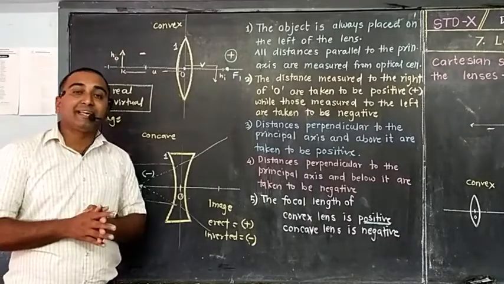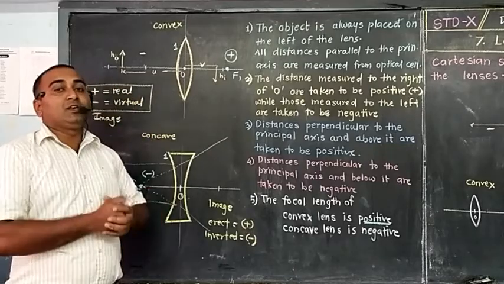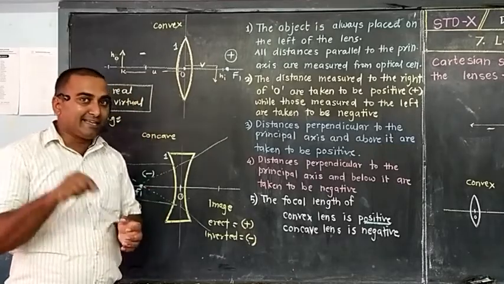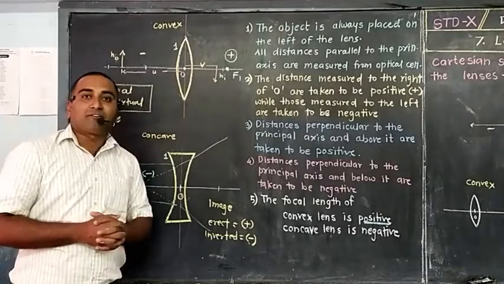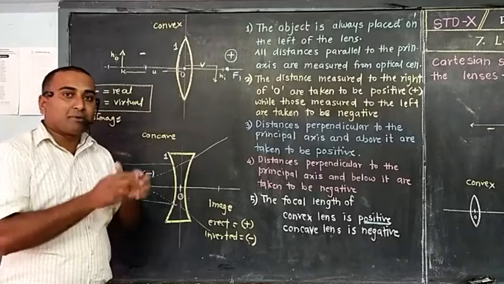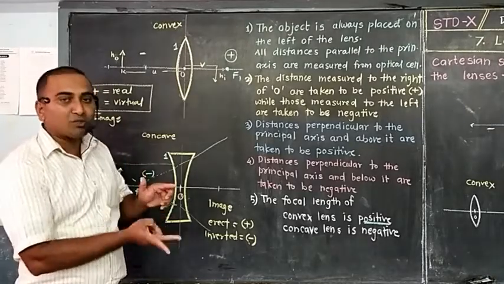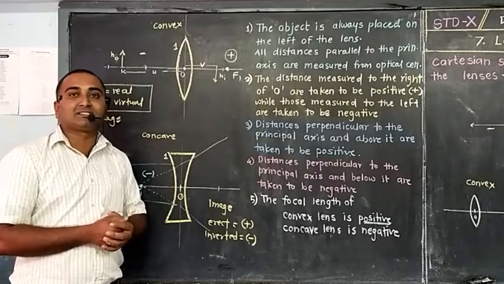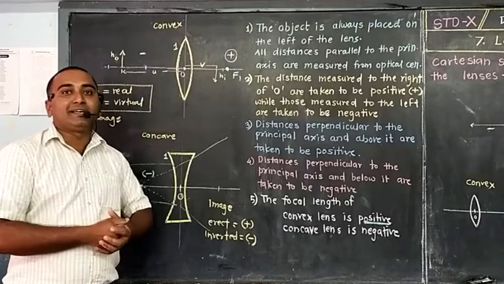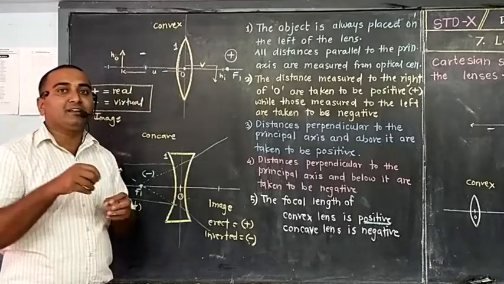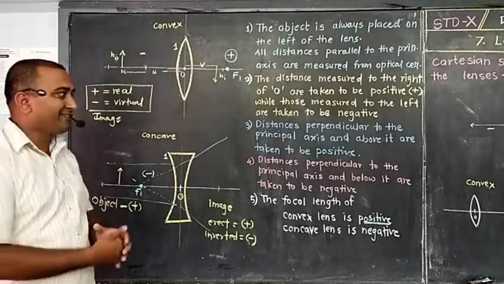If the image is erect, perpendicular and above, the height of the image is considered positive. But when the image is perpendicular and downward, that is inverted, below the principal axis, the distance is negative, and so the image height is negative when the image is inverted.